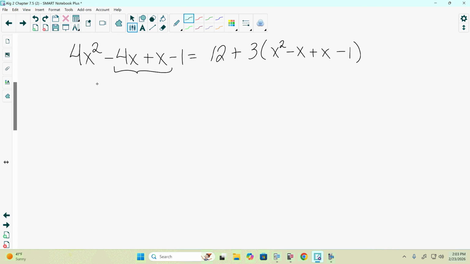On the left-hand side, our negative 4x plus x would be negative 3x. Still have the minus 1, so we'd have 4x squared minus 3x minus 1 equals 12 plus 3 times, well, our negative x plus x would be 0, telling us that we have x squared minus 1.